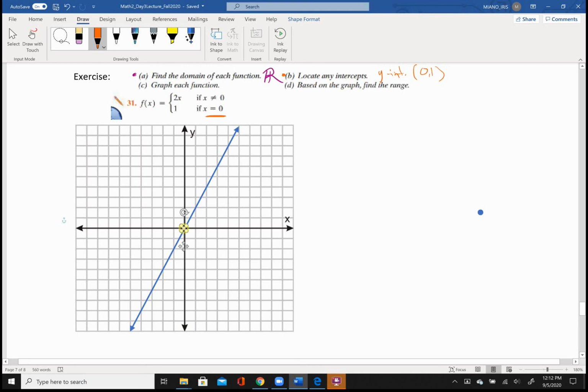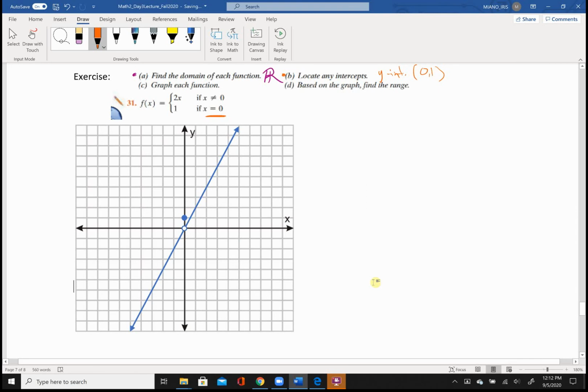So I have an open dot that I'm just going to line up real nicely here. Now here's my open dot at x equals 0. And when x does equal 0, the output value is going to be 1. So at 0, 1, that's going to be my y-intercept. I'll line that up as best as I can, right about there, 0, 1.